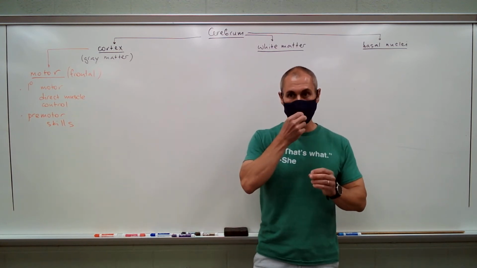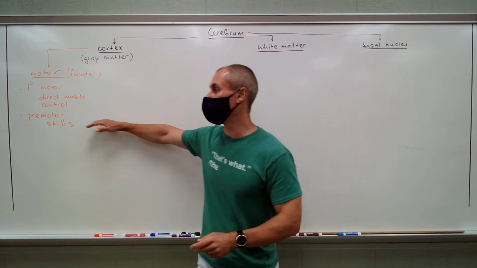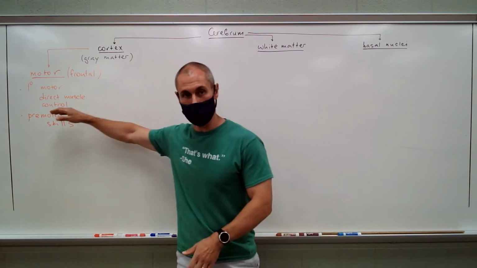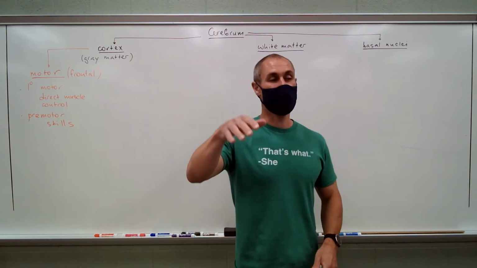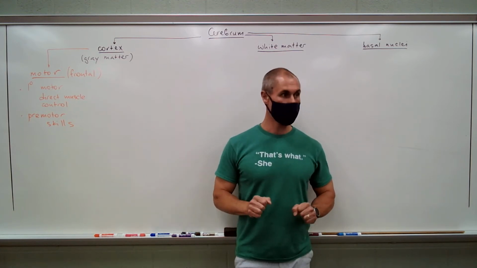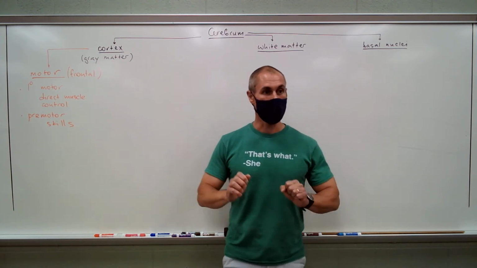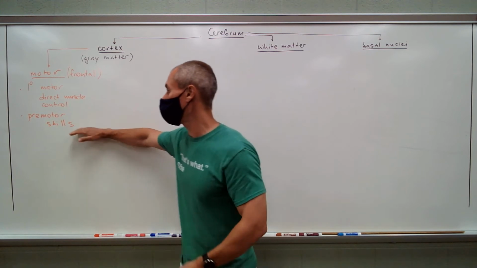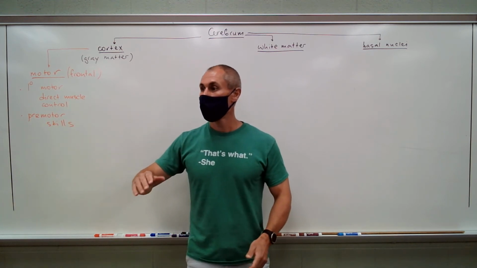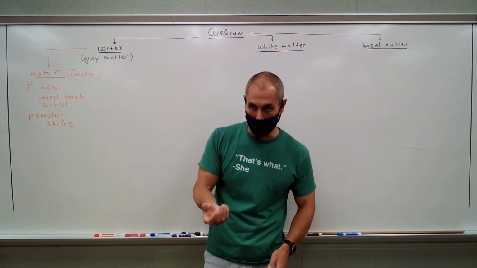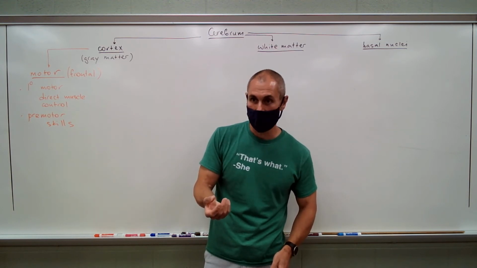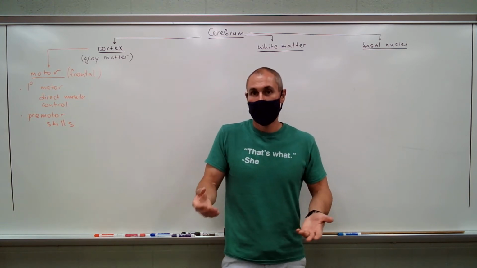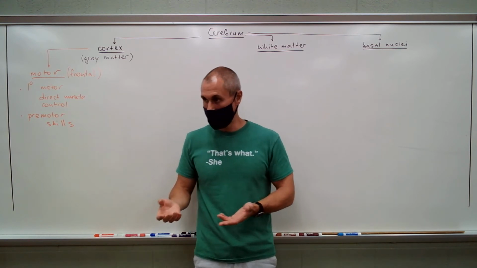So that moving pattern is formulated by your premotor cortex, which sends it to your primary motor cortex, which then sends those signals to the muscles. Does that make sense? So if you imagine a hypothetical case with isolated damage to premotor cortex, you can move your fingers, but you can't write. Or you can move your fingers, but now you cannot play piano. You used to be able to play piano, now you can't.